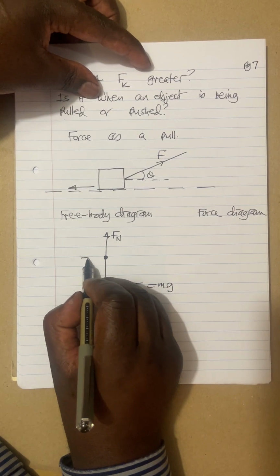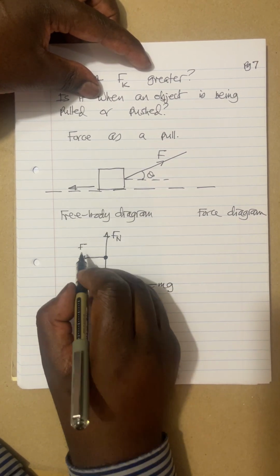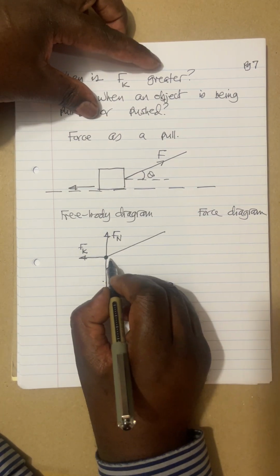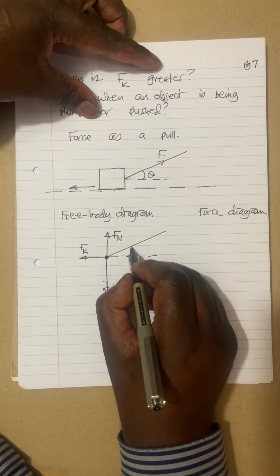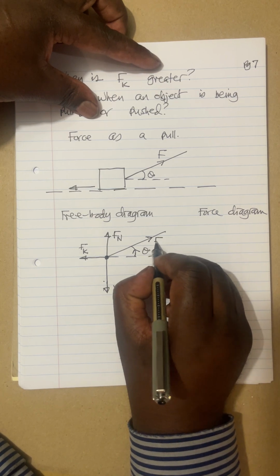And then we have frictional force acting in that direction horizontally, and assuming this object is moving, that will be Fk. And then we have applied force at an angle, that is your applied force F at an angle theta.